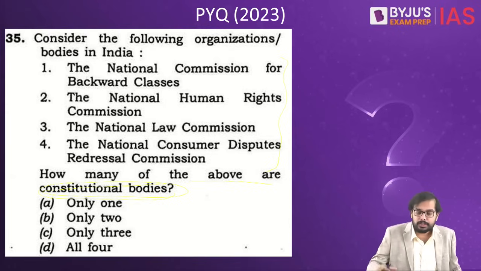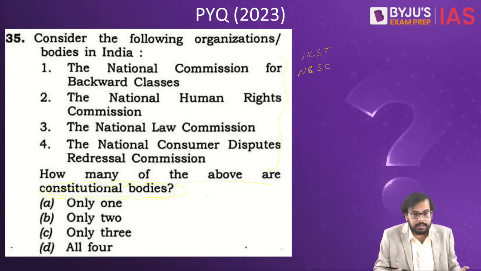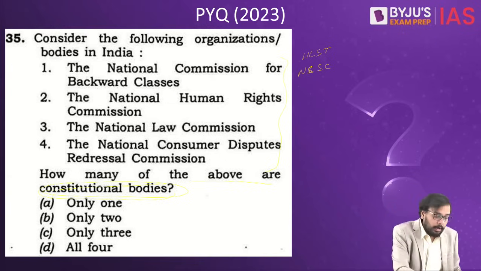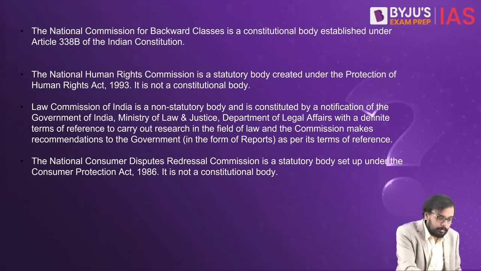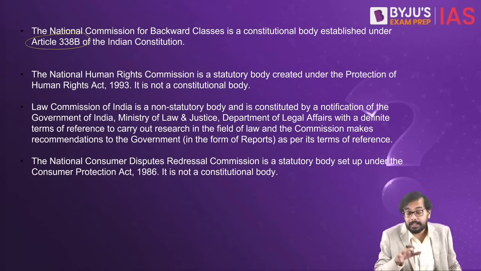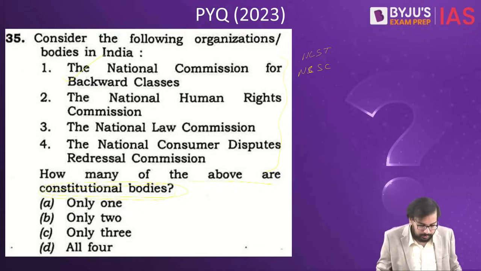Yes, it is a constitutional body, similar to your NCST and NCSC, that is, the National Commission for Scheduled Tribes, the National Commission for Scheduled Castes. So all these are constitutional bodies. The NCBC is a constitutional body under Article 338B. So what about the National Human Rights Commission, NHRC?